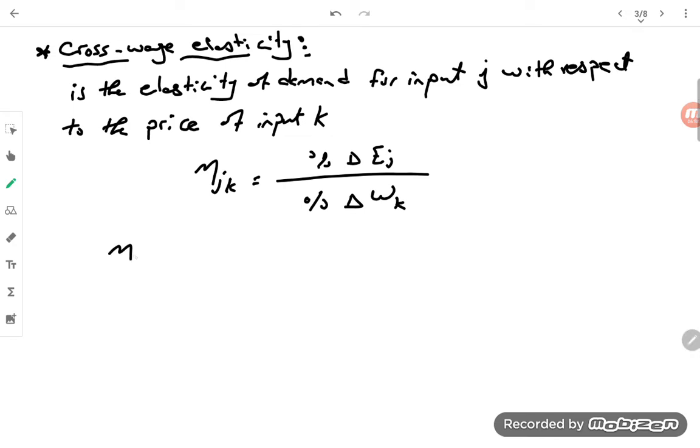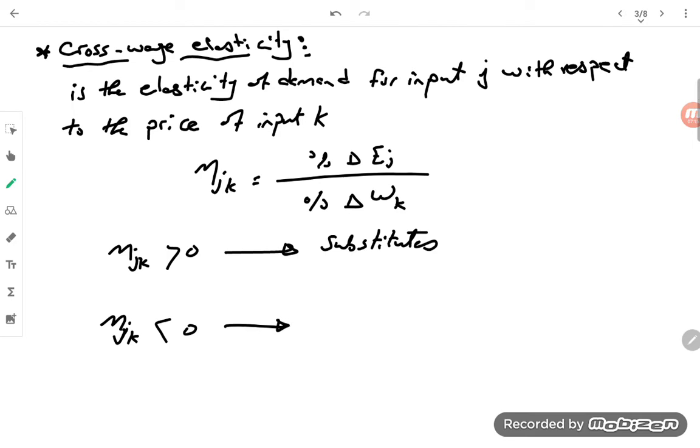If we calculate the cross elasticity and the value is greater than 0, or positive, this means that the two inputs are substitutes for each other. If it is negative or less than 0, the two inputs are complements for each other.